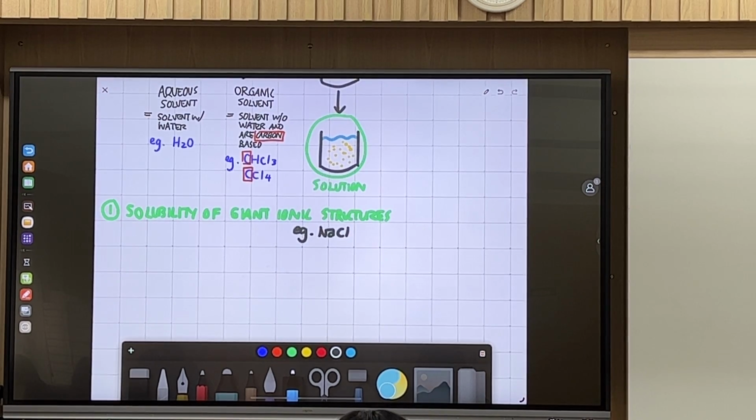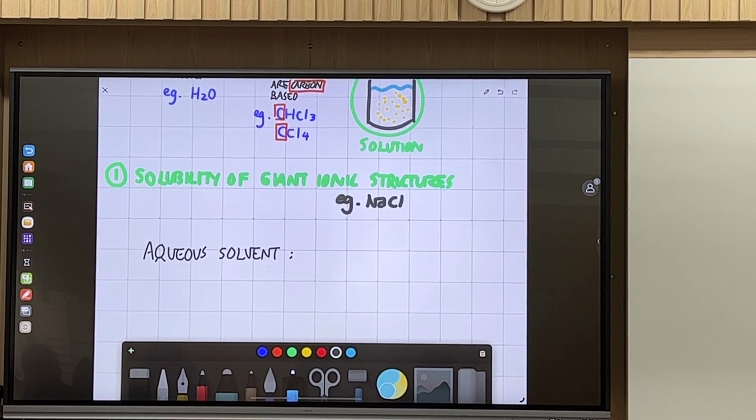That you know. So you can put down in aqueous solvent, it's soluble. Okay, so soluble in aqueous solvent, but then it is insoluble in organic solvent. So write down soluble in aqueous solvent, but insoluble in organic solvent.